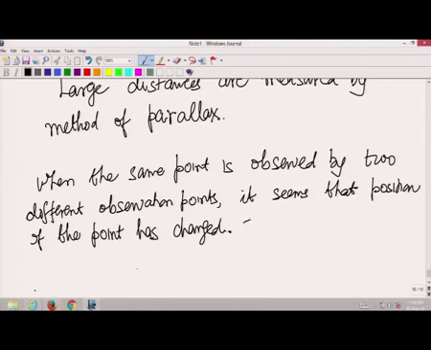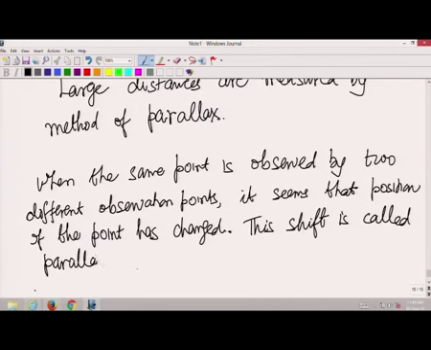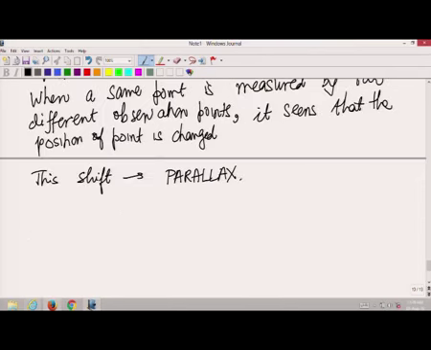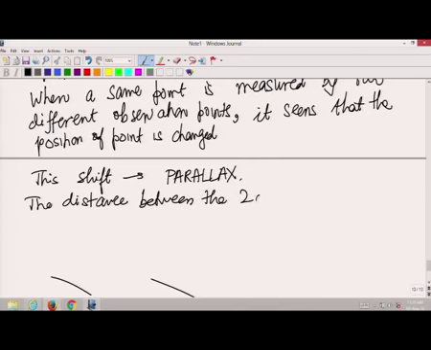This shift is called parallax, and the distance between the two observation points is known to us, and this is what is exploited to find the distance from the observation point to the observed point.